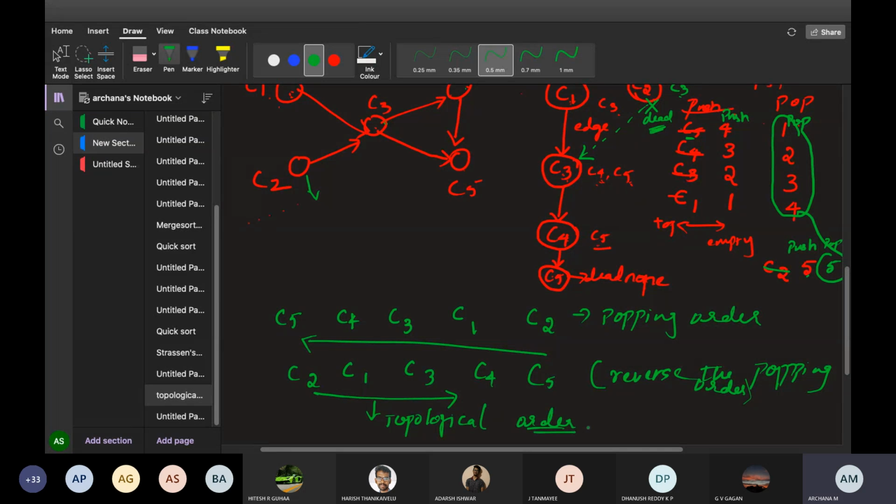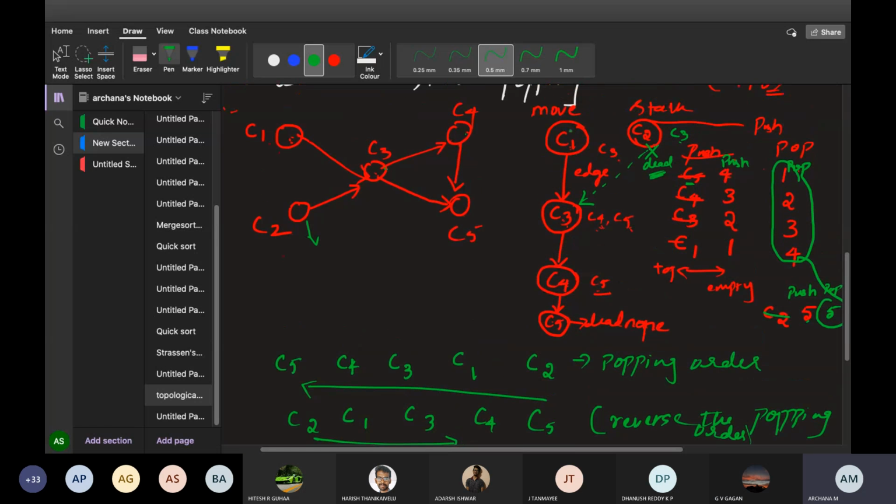Understood? This is how we will do it using DFS. You have the graph. You have to see what are the different adjacent nodes of that particular node. Write the adjacent node and travel that node. As soon as you visit that node, push onto the stack, and write the numbers. Pushing and popping is very, very important.